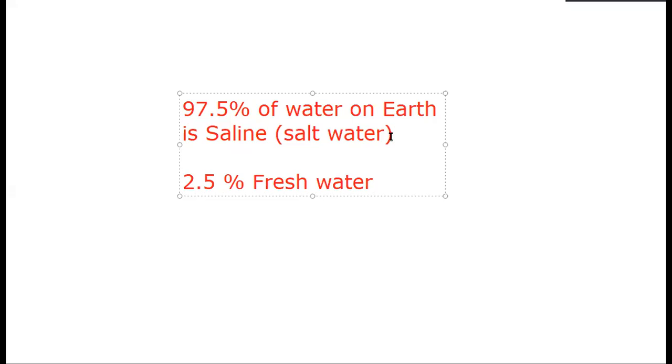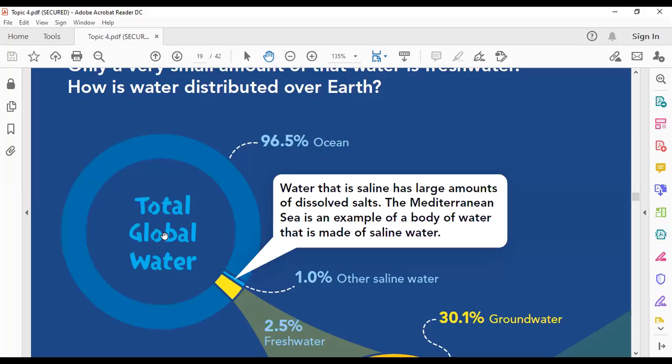Almost all of the salt water on earth is found in oceans. Okay? Only 2.5% of all water on earth is fresh water. Look at this figure. This picture or this circle helps you to understand. Look, all of this is saline water.